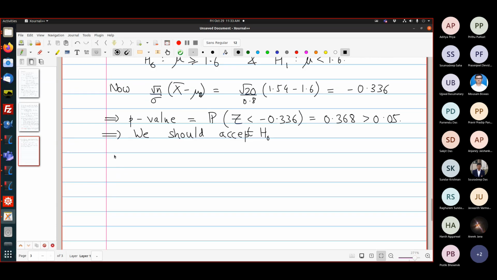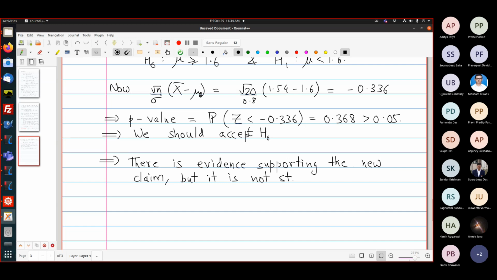Which means that there is evidence supporting the new claim, but it is not strong enough. Okay.